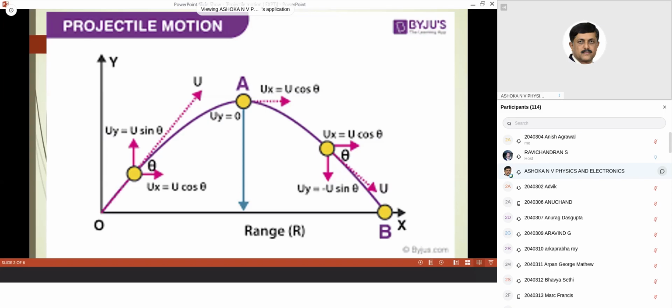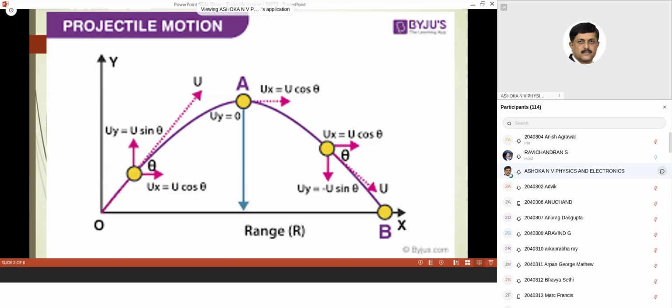The velocity of the particle moving in the upward direction keeps varying with the angle. That is why the horizontal component is u cos theta and the vertical component is u sin theta. At maximum height, the final velocity in the vertical direction will be zero, but in the horizontal direction it will not be zero unless it reaches the horizontal surface.